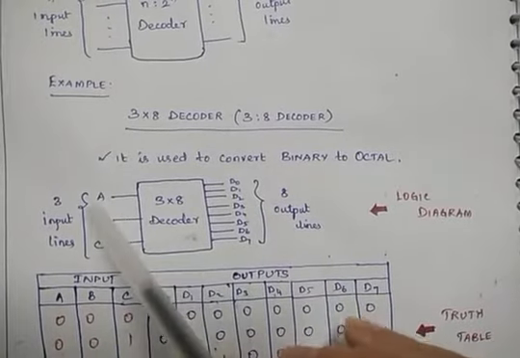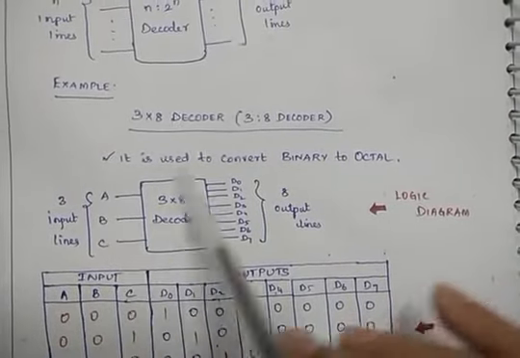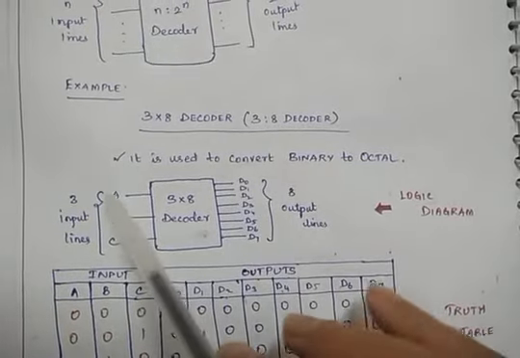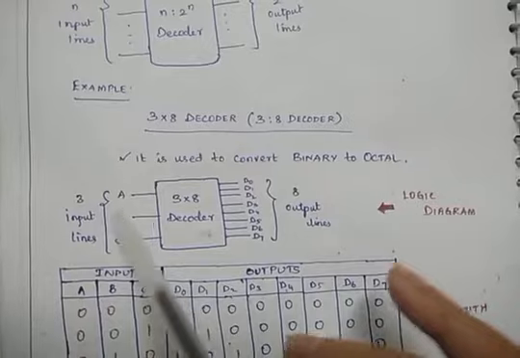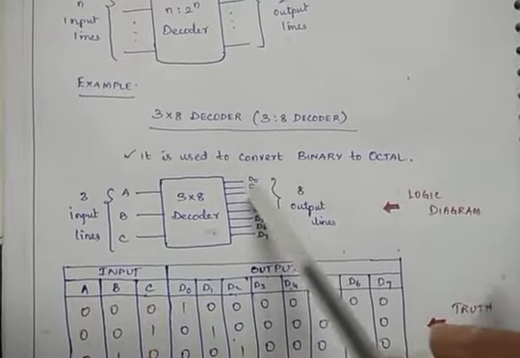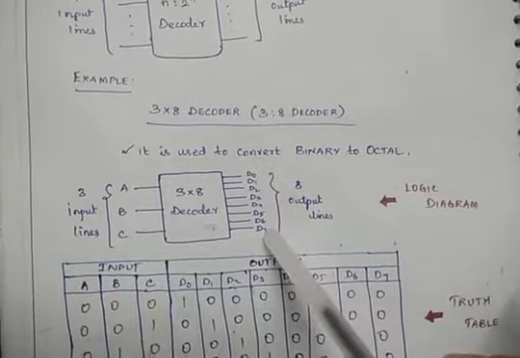If I give 0, 0, 0, the equivalent octal value is 0, that is D0. If I give 0, 0, 1, the equivalent value is 1, that is D1. Like that we will be getting 8 values.